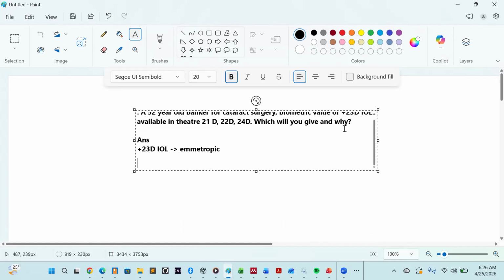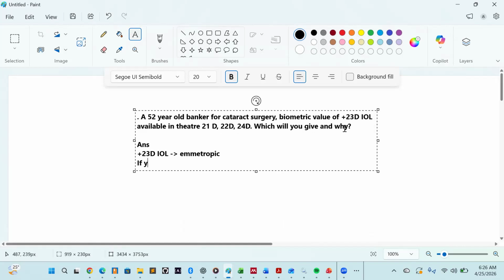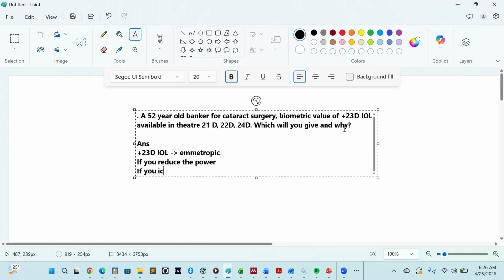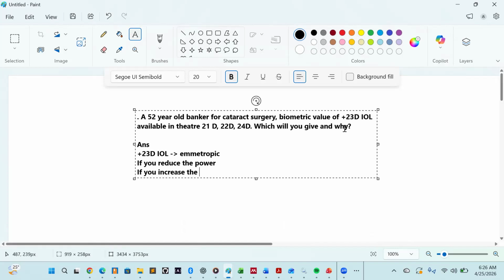Now, if you reduce the power or increase the power, everything changes. If you reduce the power, that means the power of the eye has reduced. If you increase the power, that means the power of the eye has increased.